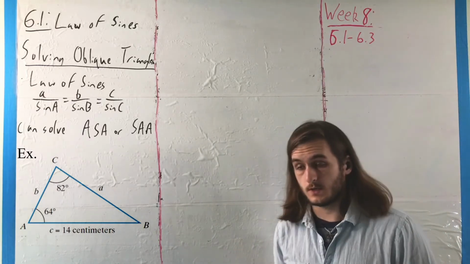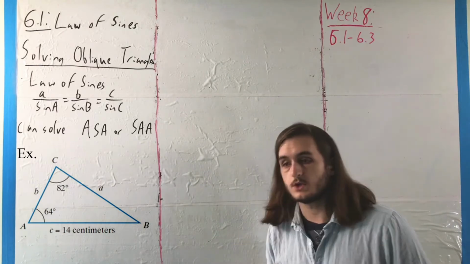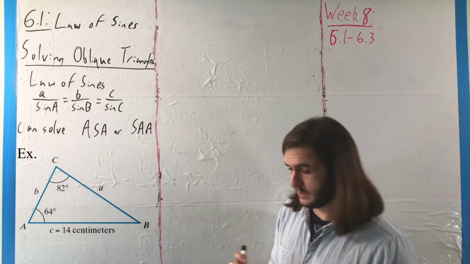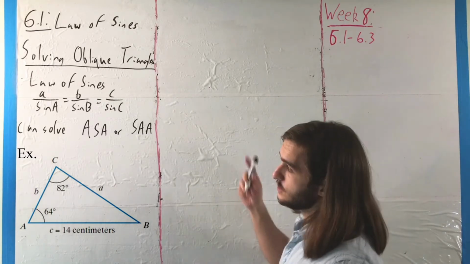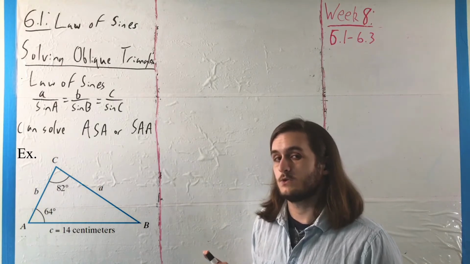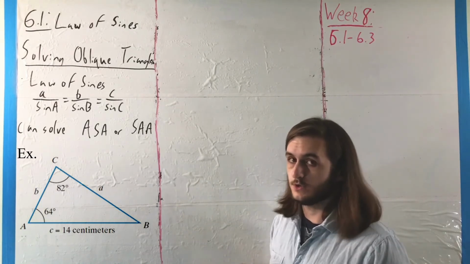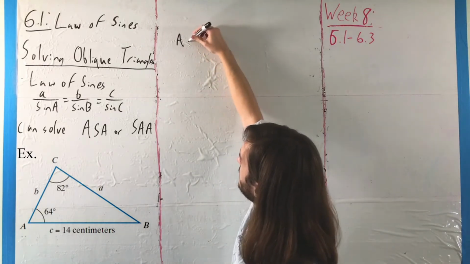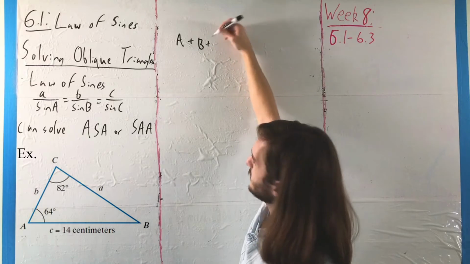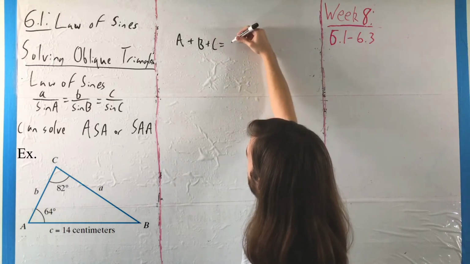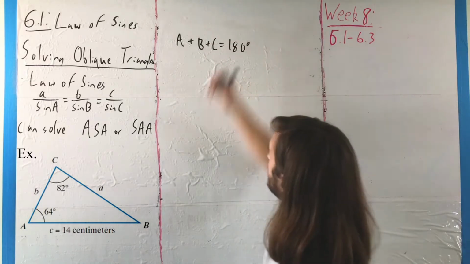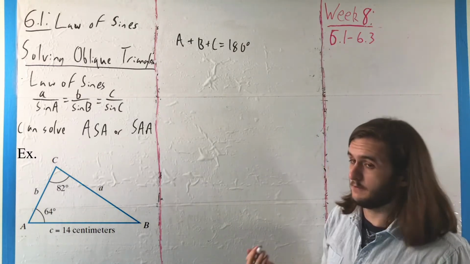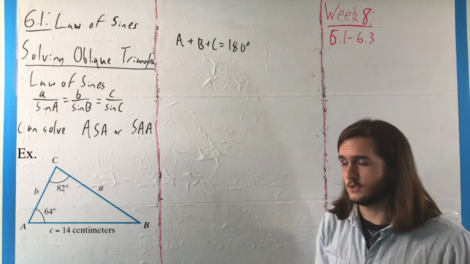So the first thing we want to do here is take what we have in terms of our angle measures and use that to get that third angle B that we don't know anything about. Because once we have our three angles, we can then use the law of sines to turn those around and get our other two side lengths. So we're going to use one of those defining relationships for any triangle, that the sum of the angle measures is 180 degrees, or if you prefer pi radians. We're going to use degrees a lot in this section in particular.